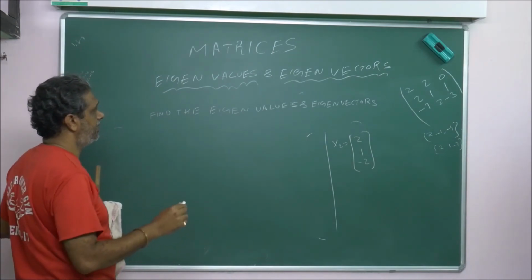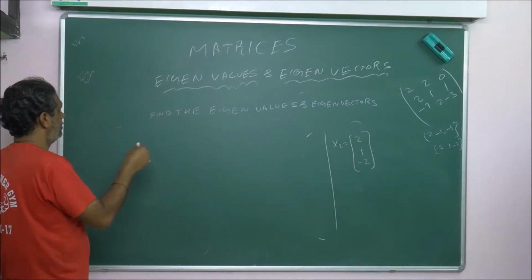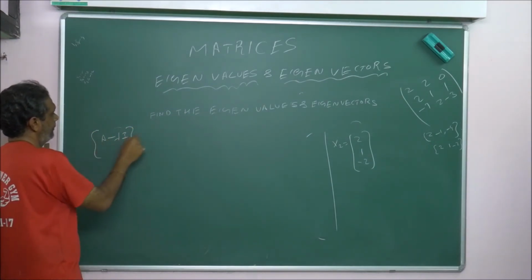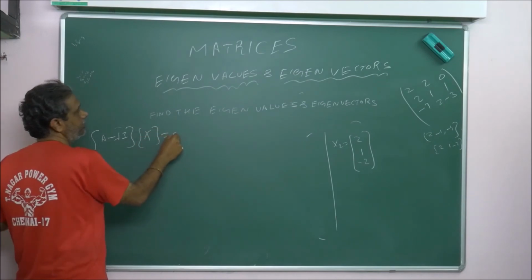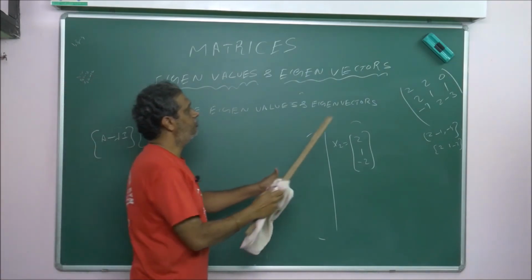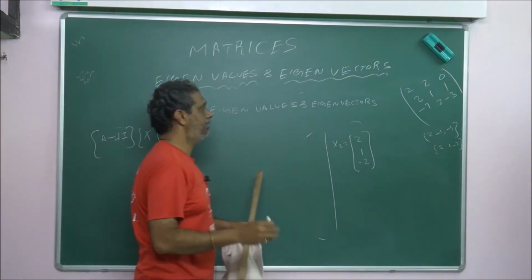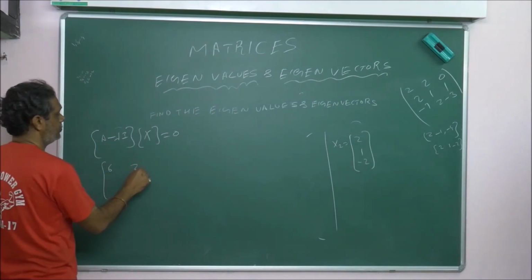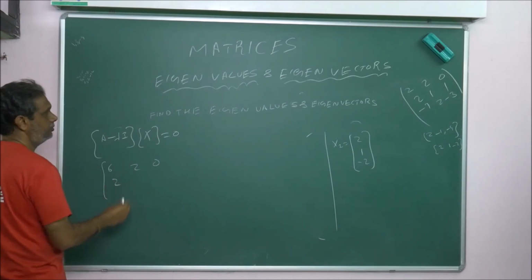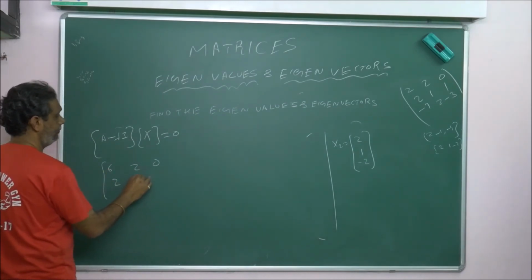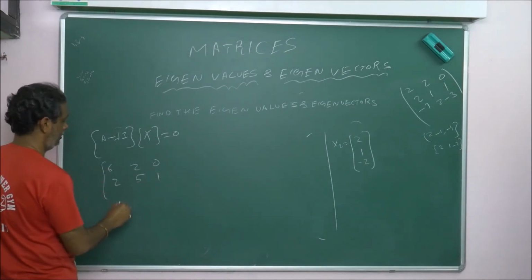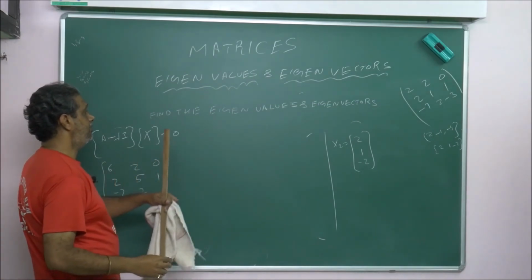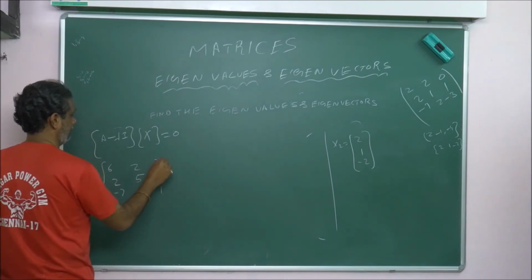When lambda is equal to minus 4, what will you get? 2 minus of minus 4, that is A minus lambda I into x is equal to 0. 2 minus lambda, and already lambda is minus, so 2 minus of minus is 6. 2, 0. Then 2, 1 plus 4, 5, 1. Minus 7, 2, minus 3 plus 4, that is 1.